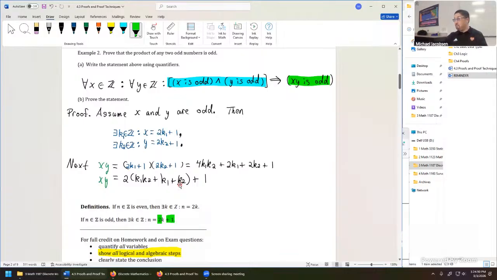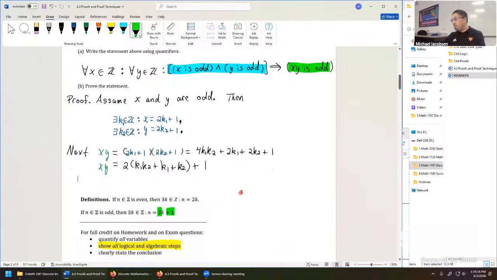And it definitely is. We quantified k1, k2 as integers, just like before. We have closure with multiplication and addition and subtraction, if it came up. You can multiply, add, subtract integers in any kind of configuration like this. It's still an integer. We're just worried about division. So if I had a division here, that could be a major problem.